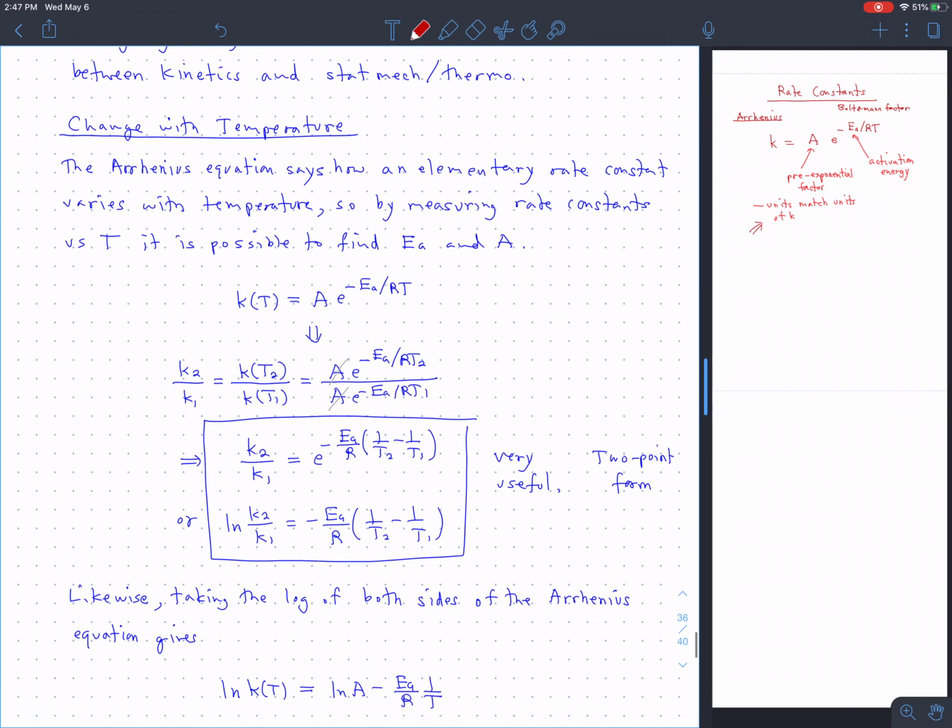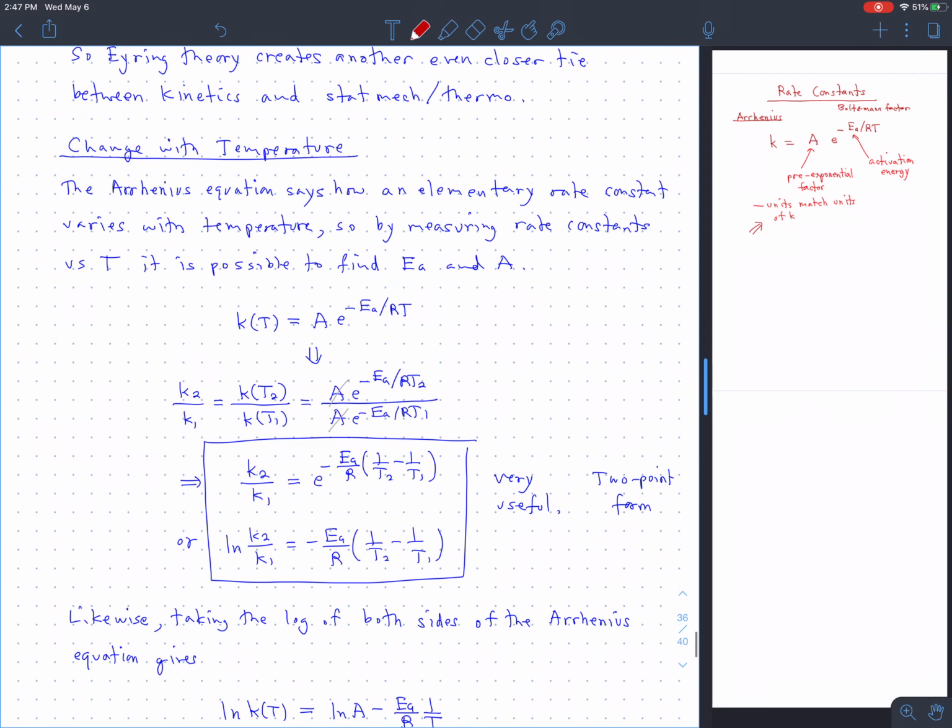All right. There is perhaps the most useful thing about the Arrhenius theory, the thing that it explains. I mean, this picture up above is very valuable in its own right. But the quantitative thing that the Arrhenius theory allows us to do is account for the temperature dependence of the rate constant. If you heat up a chemical reaction, the equilibrium constant that we talked about earlier may go up or may go down.